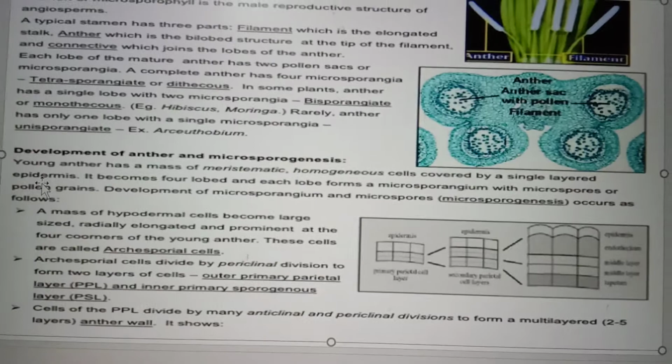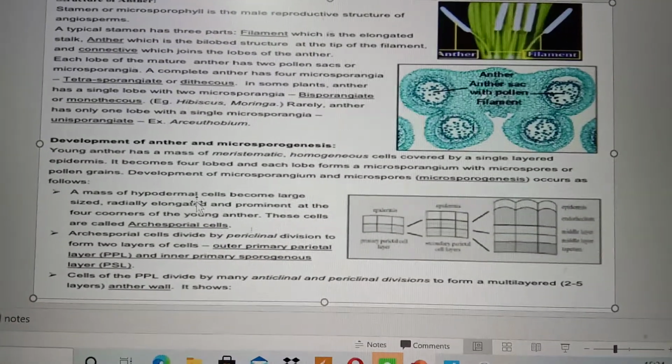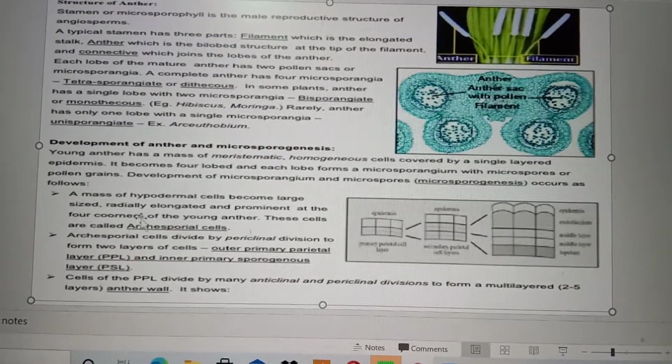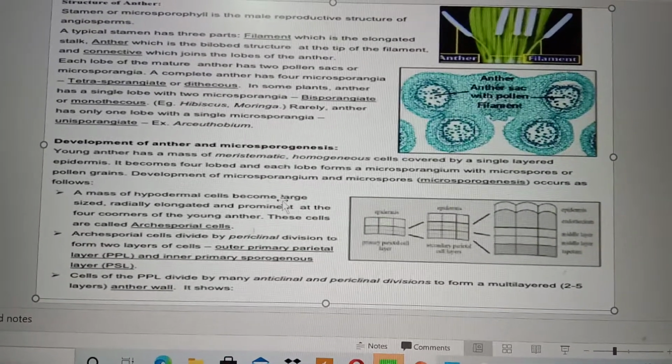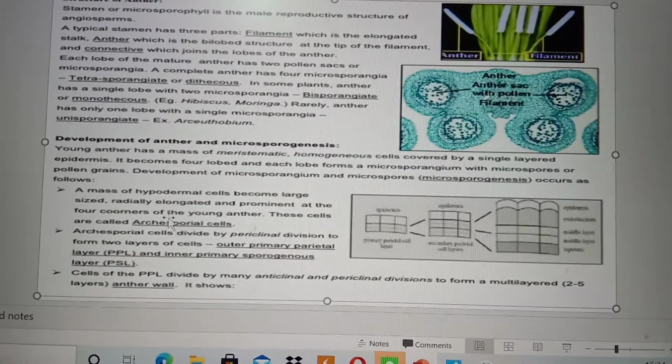Inside an anther lobe, a mass of hypodermal cells get differentiated from the others by means of their large distinct size, and they are radially elongated and prominent at 4 corners of the young anther.